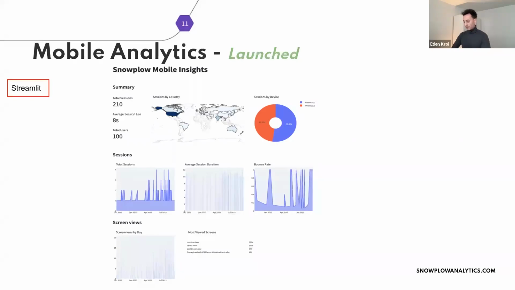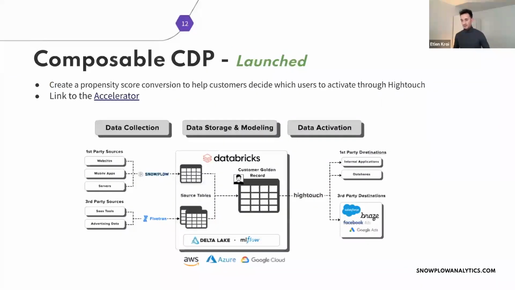So yeah. And then last but not least, in regards to the launch DPAs that we had early this quarter, are composable CDPs. Composable CDPs using Databricks, right? What this one does is use the data that you have already tracked with, say, the previous DPA for web. You've got this data in Databricks, right?